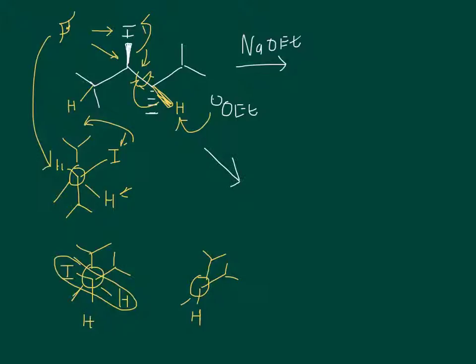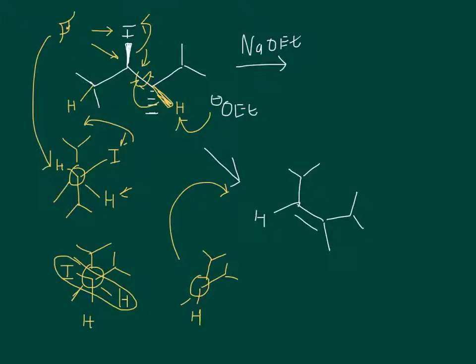So when we do that and we consider what we drew here, the easiest way to draw it is to draw out the double bond. And then you consider, okay, both these isopropyl groups are going to be on the same side of the double bond, like this. And then we know that we had the methyl group coming off here, and the hydrogen coming off here.